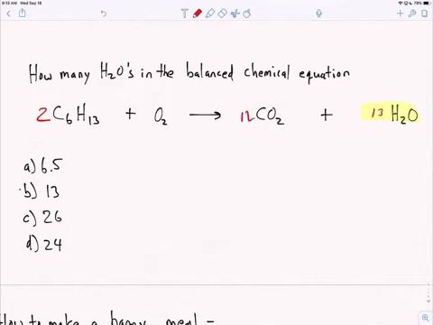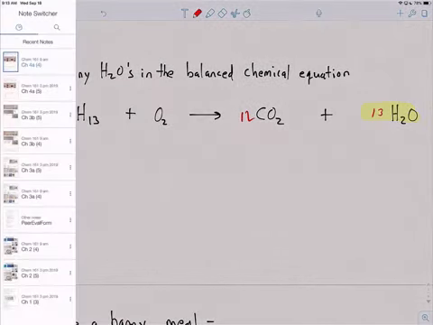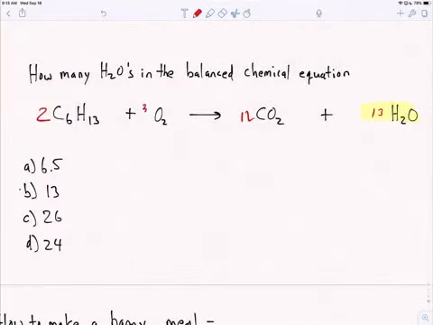So now, if you put the oxygens, you have 12 times 2 oxygens, so 24 plus 13 is 37, which means you have 12 times 2 is 24 and 13.